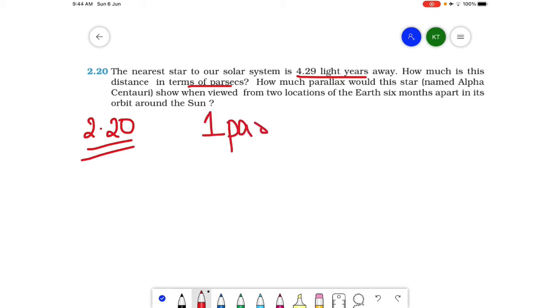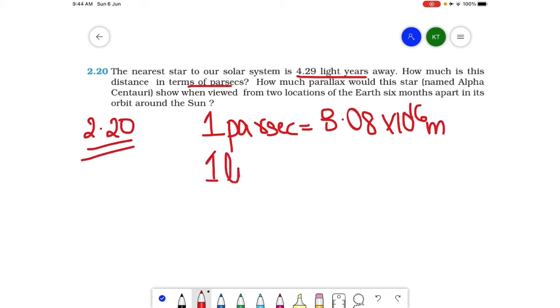So from the previous question, we know that 1 parsec is equal to 3.08 into 10 power 16 meters. How much is 1 light year equal to? 1 light year is equal to 9.46 into 10 power 15 meters.